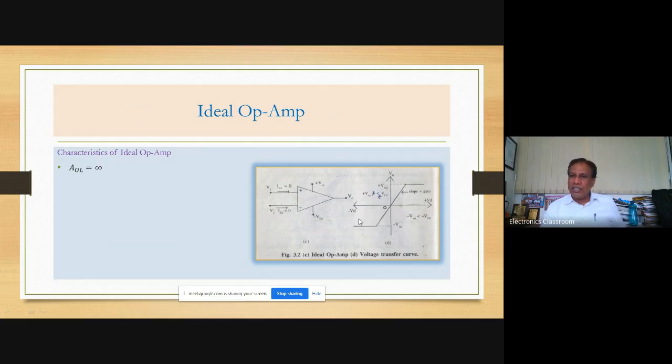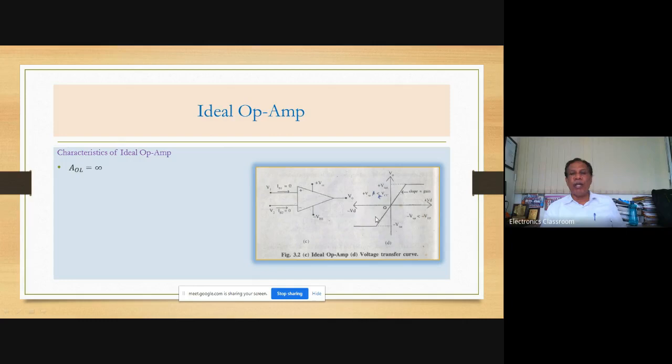Differential input means the operational amplifier has two inputs, V1 and V2, and the difference of these signals is amplified by the amplifier, so it is known as an operational amplifier. This difference is denoted by Vd.